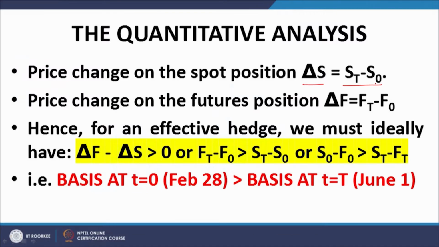That gives us FT minus F0 greater than ST minus S0, or S0 minus F0 greater than ST minus FT. That is equivalent to saying that the basis at t equal to 0, that is February 28, should be greater than the basis at t equal to capital T, that is the basis on June 1.